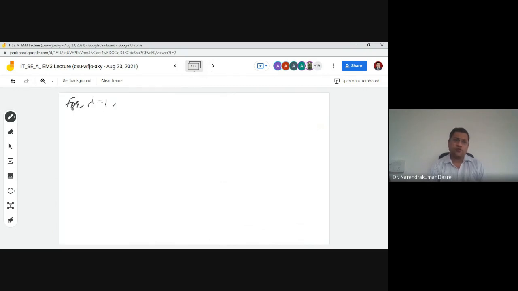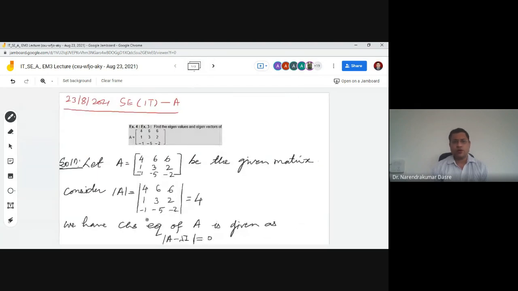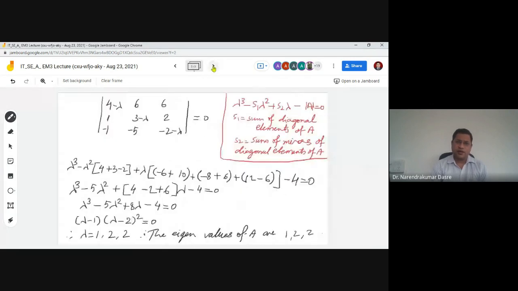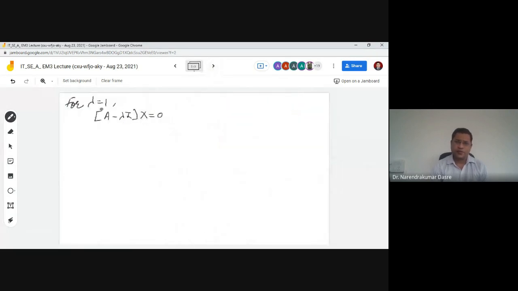For lambda is equal to 1, we have to be careful, and we always have to write (A minus lambda I) into x is equal to 0. Please be careful. Here we used the determinant of A minus lambda I, and here we have the matrix A minus lambda I into x is equal to 0.